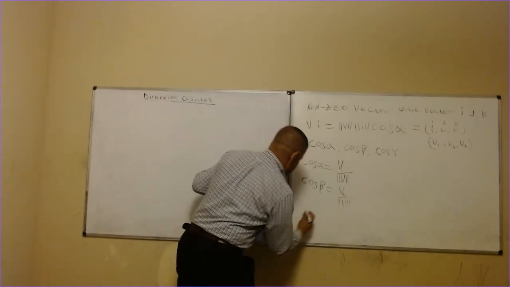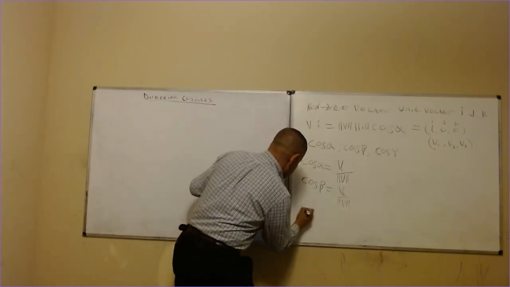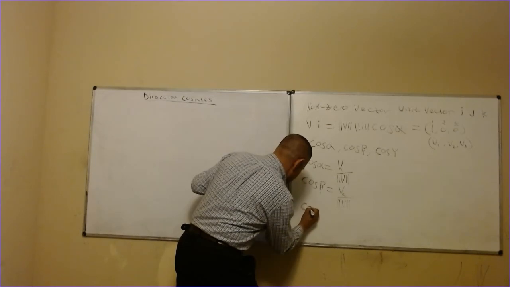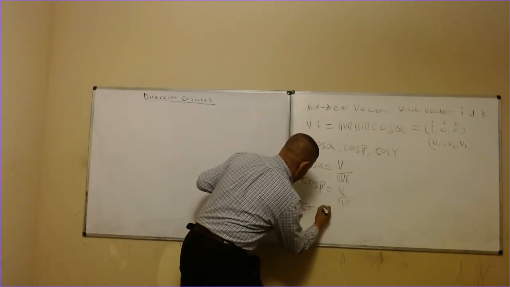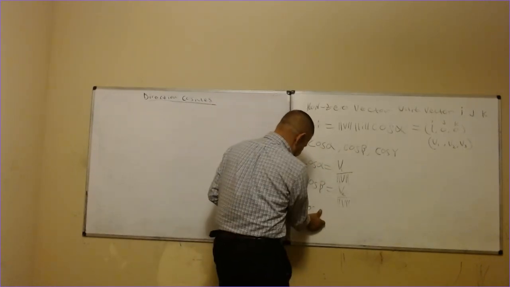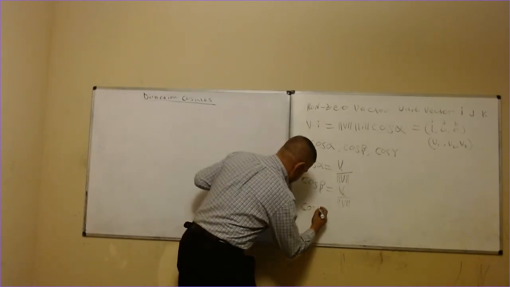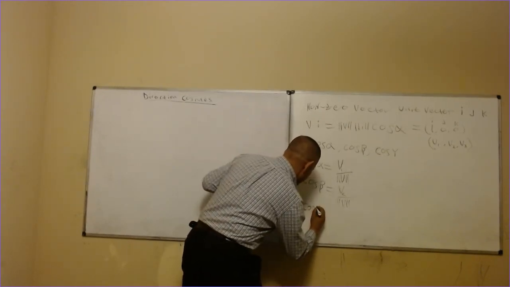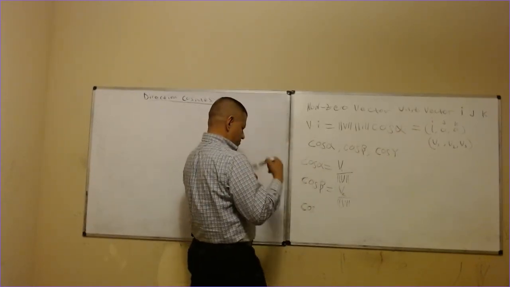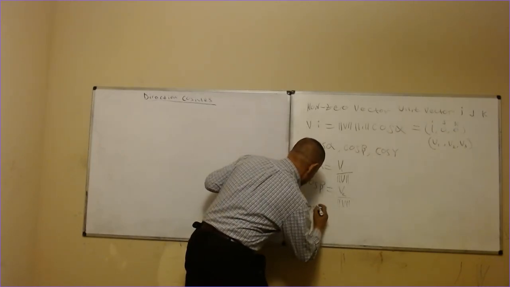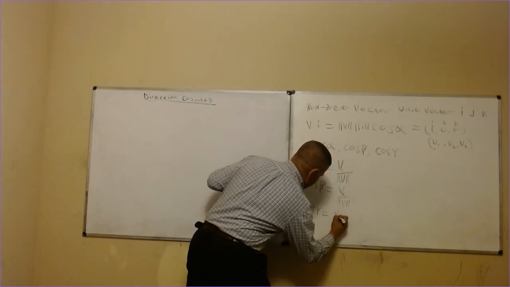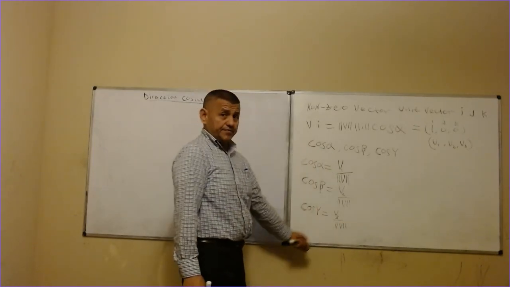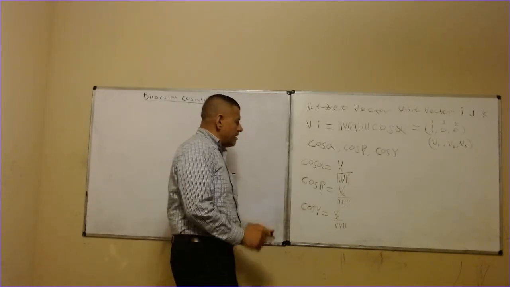And then we say that cosine of gamma, this is not working so good. Cosine of gamma is equal to V3 over the magnitude of V, right? Okay, so we have the three now.